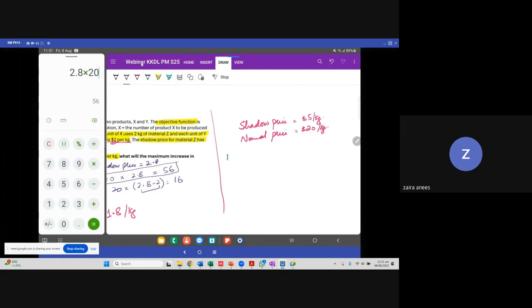If I ask you how much premium the company will be willing to pay to suppliers. So the word is premium. Premium means extra, right? So how much extra the company should be willing to pay to the supplier is equal to the shadow price.